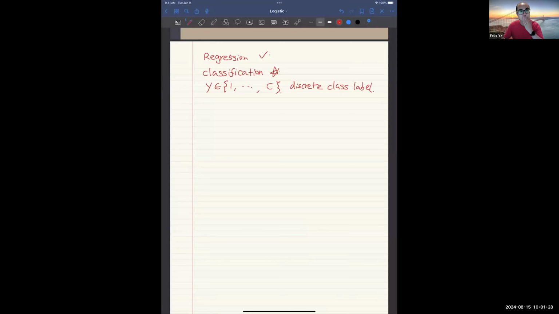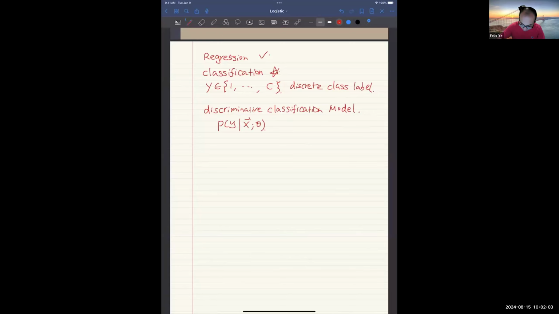Basically, we want to create a model and build a discriminative classification model. So this is P(Y given X and theta).